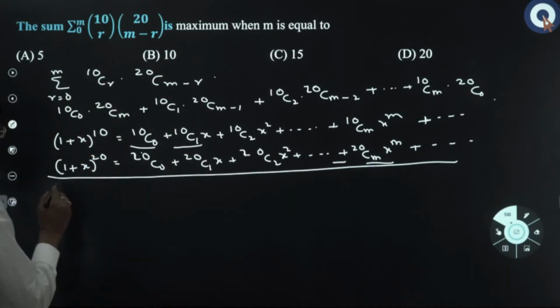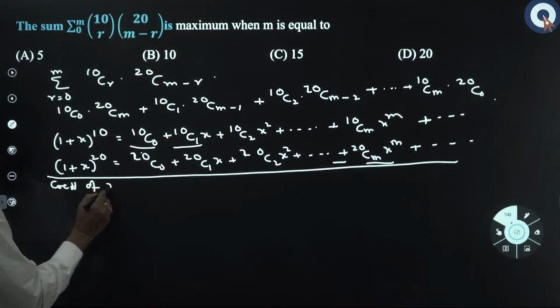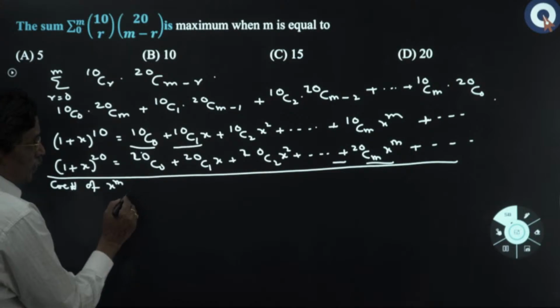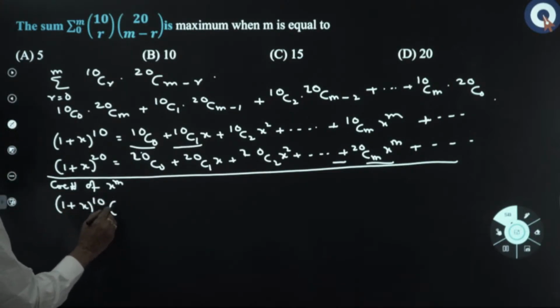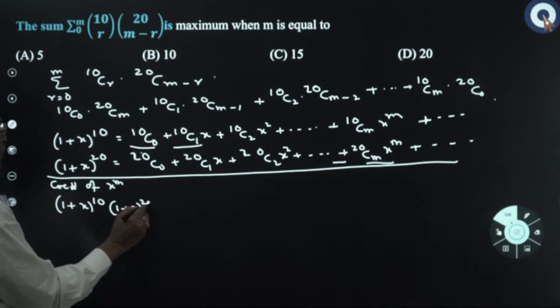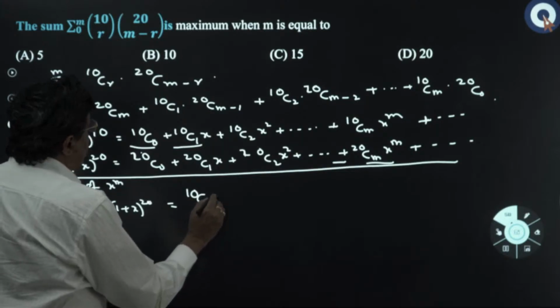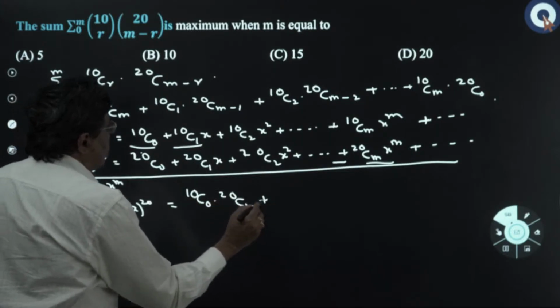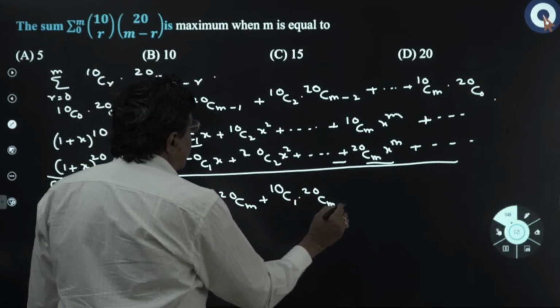So multiplying these two and comparing the coefficient of x^m on both sides, on this side the coefficient of x^m is 10C_0 into 20C_m plus 10C_1 into 20C_(m-1) and so on.